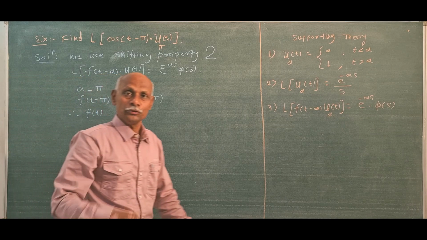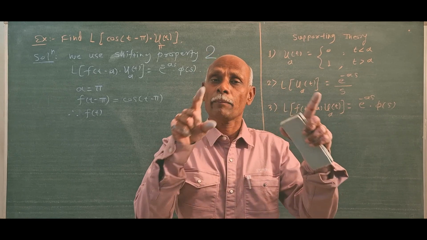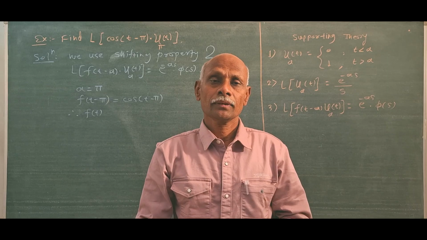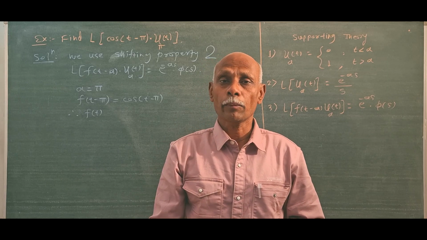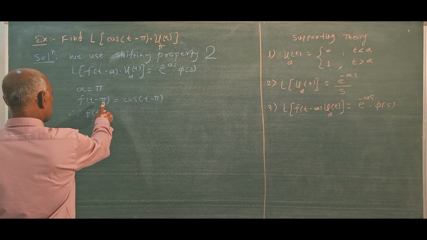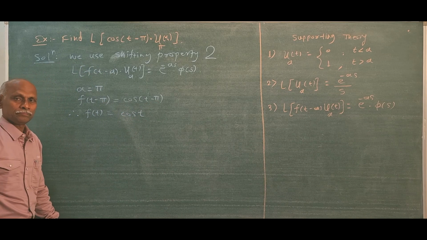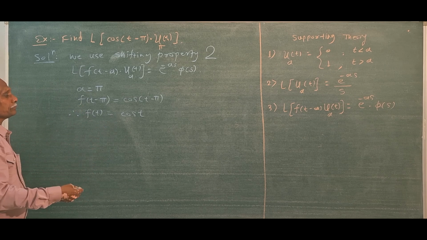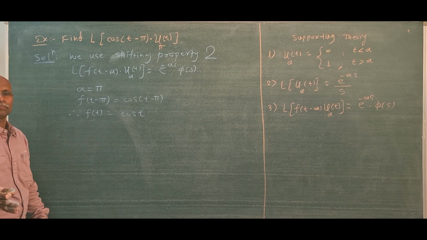See the fun: you are given f(t - a) and you have to write f(t). How to write f(t)? Just erase a, you get f(t). Here we have to erase pi and we get cos t. Simple. In the previous video we have seen that once we get f(t), further steps are compulsory.